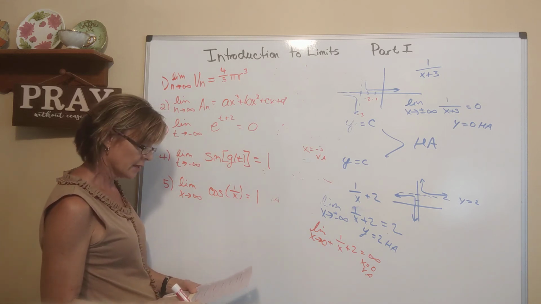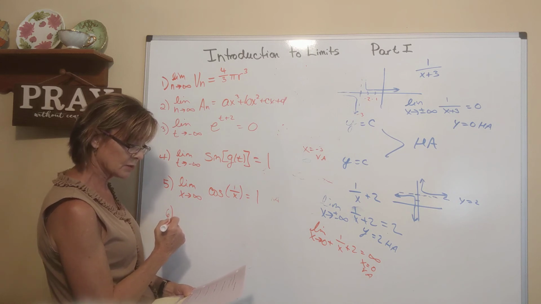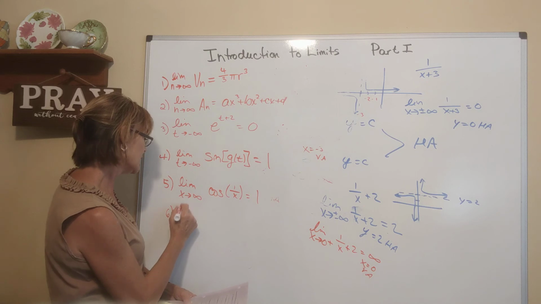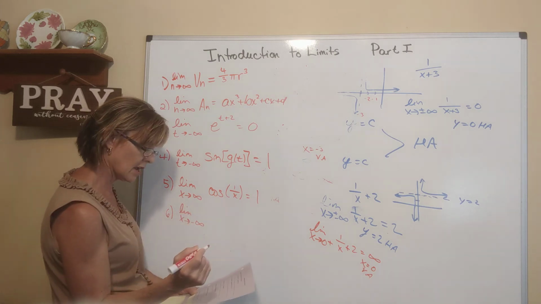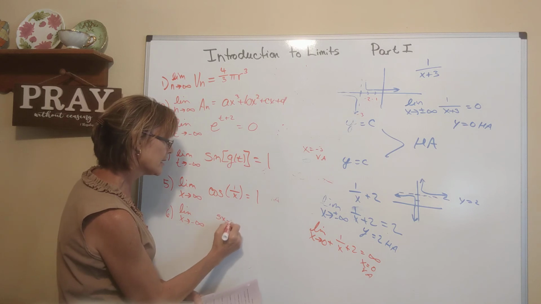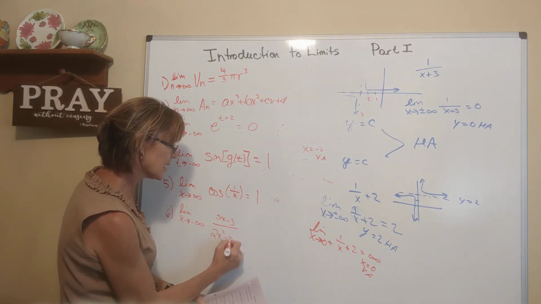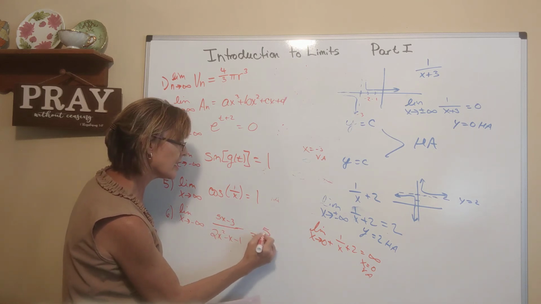That's the limit. Number 6, as x decreases without bound, that's a way of saying as x goes to negative infinity, the limit as x goes to negative infinity of 5x minus 3 over 2x squared minus x minus 1 approaches what? It approaches 5/2.